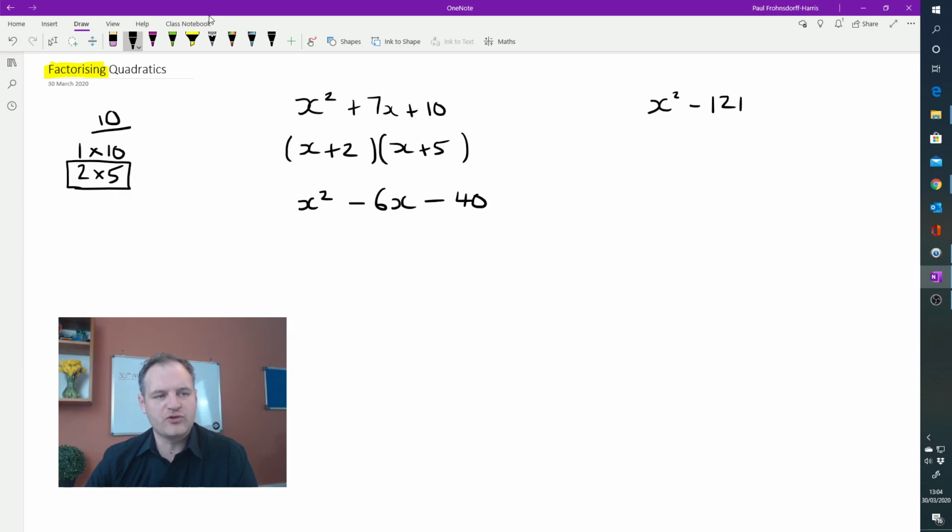So I've got a bit more to do. Again, it's factorising. Don't cut corners. Write negative 40, not 40. It's negative 40, so we're going to write 1 times negative 40, 2 times negative 20, 4 times negative 10, and 5 times negative 8.